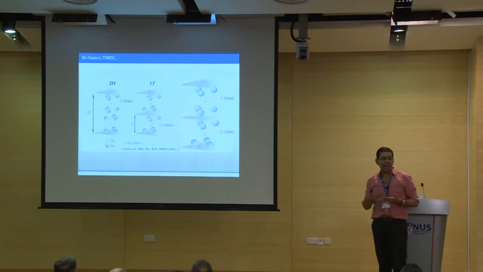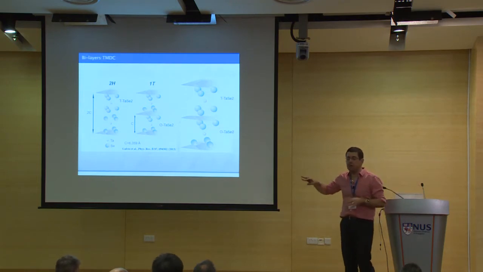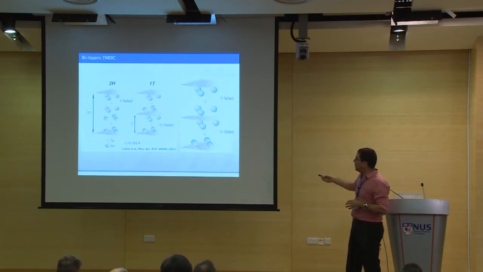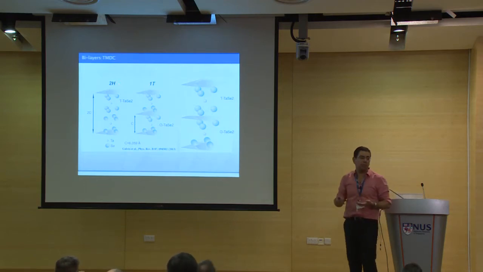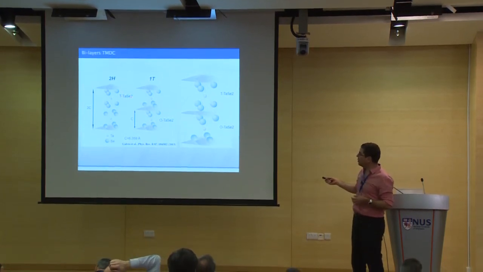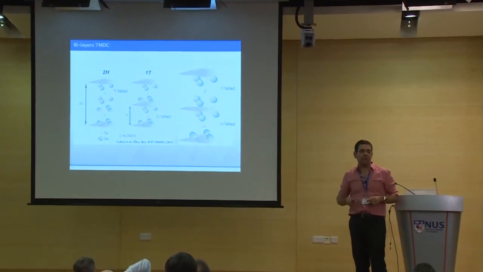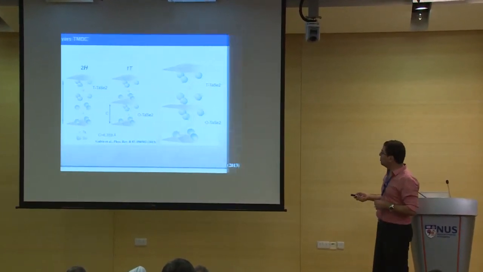This is the kind of interesting game that you can play with these materials, and I think it's worth pointing out. When you see the literature on this, and there's a huge literature, and these 2H and 1T structures, now you know what they mean. They start from this more basic monolayer orientation of the chalcogen atoms.